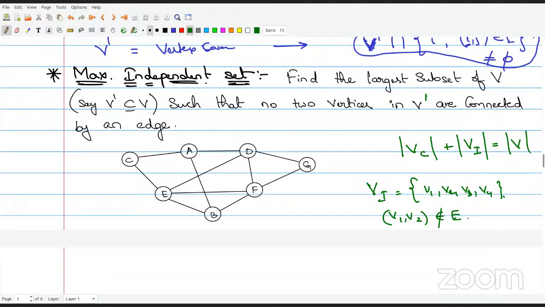There should not be any direct edge connecting V1 to V2, V1 to V3, V1 to V4, and again V2 to V3, V2 to V4, V3 to V4. There should not be any edge between any two vertices in this independent set, and I have to maximize this.